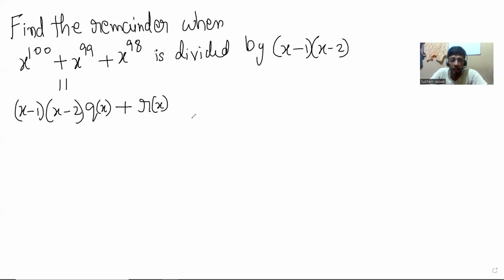Yeah, any one of you? Can you tell me something about the remainder? Could you tell me what can its degree be? At least whatever you can tell about the remainder. What should its degree be?